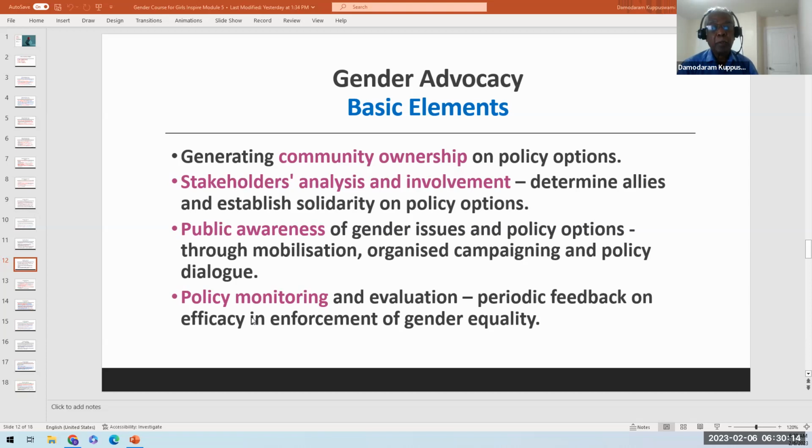One of the constant arguments that we have been making is that policies are there, they are very fine, but the gap is in implementation. So gender advocacy includes monitoring policies, so that you become a watchdog to tell where the gaps are and how the government must respond.